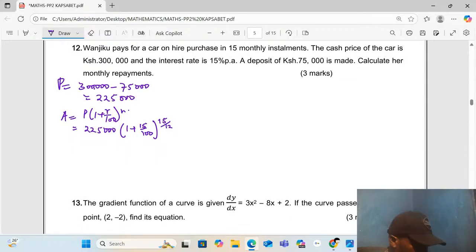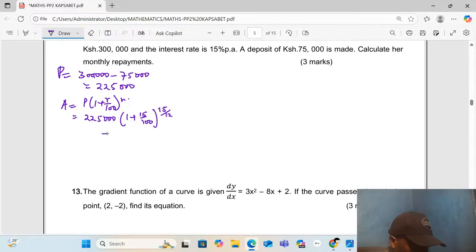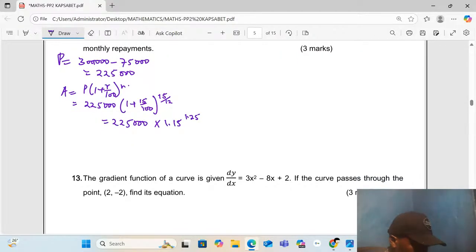That is the value of N. So that we get 225,000 times 1.15, then power 1.25. That is 15 divided by 12. Then this is now the amount.